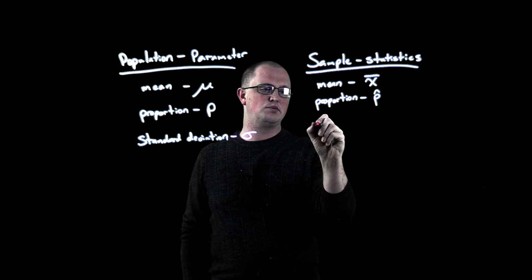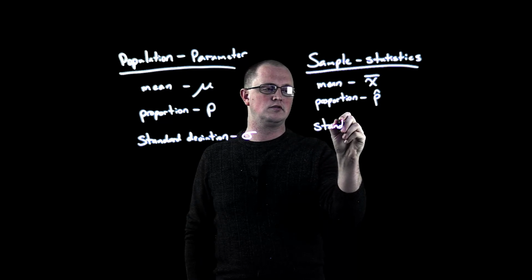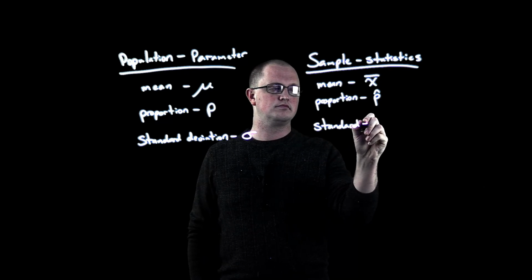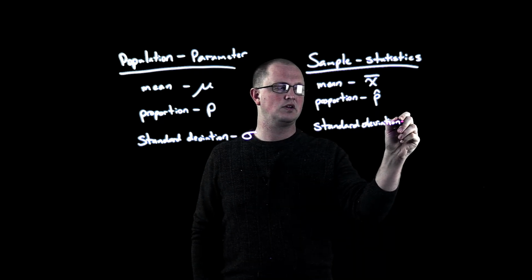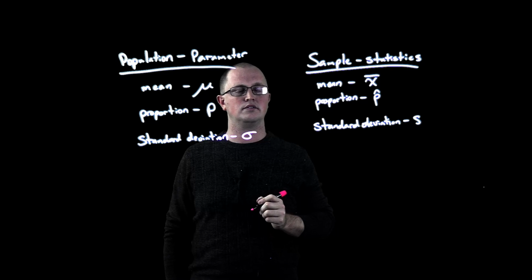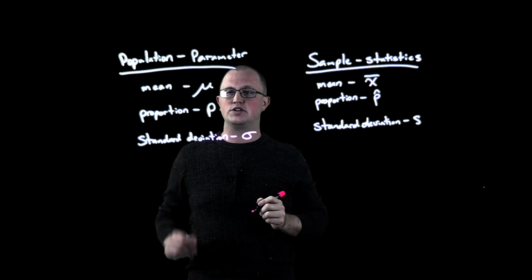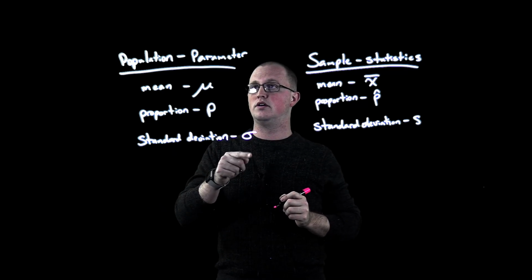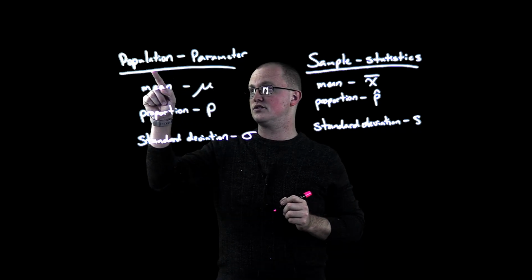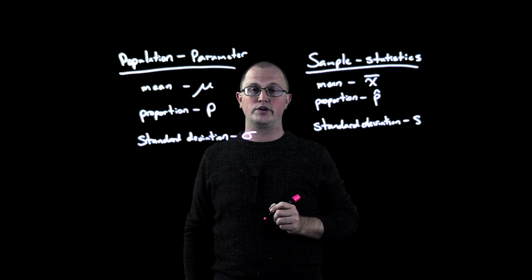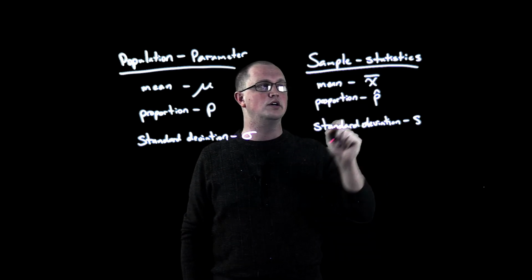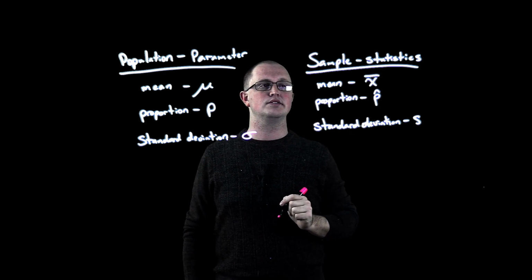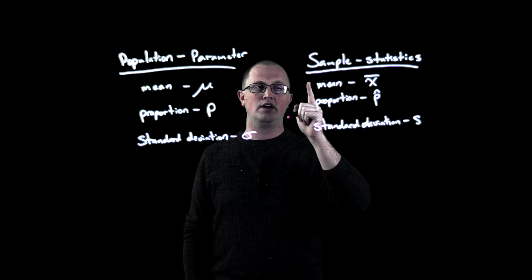And for a sample standard deviation, we will use S. And so mu, p, and sigma are going to be parameters because they're talking about a property of the population, whereas S, p hat, or x bar are going to be statistics because they talk about properties of a sample.